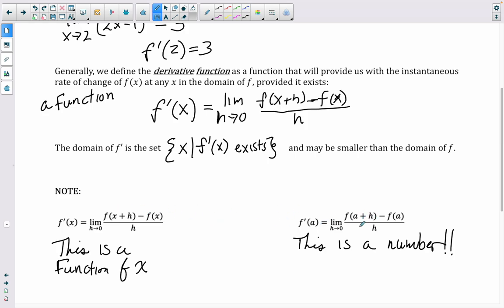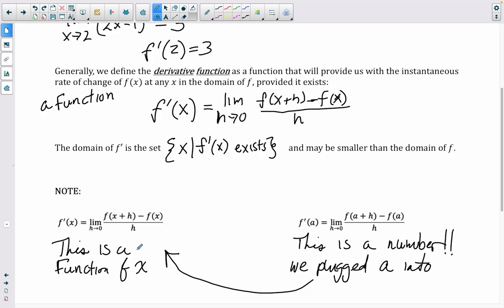If you compare these two, you'll notice that all we did is plug A into that. So wherever there is an x, we just plugged in an A. f of a plus h minus f of a over h. So this will give us a number.